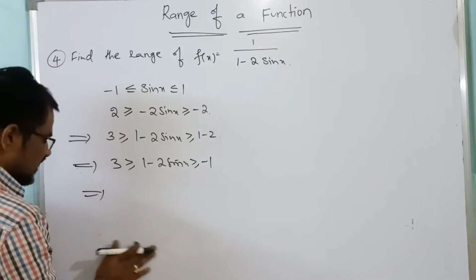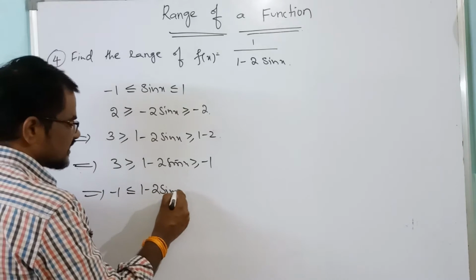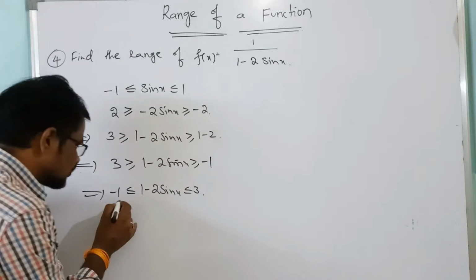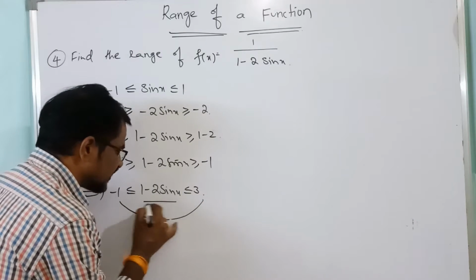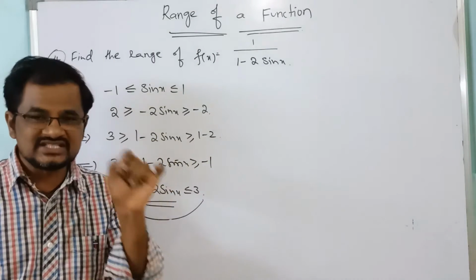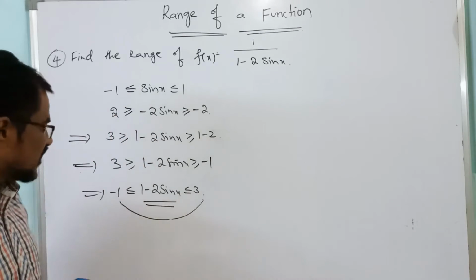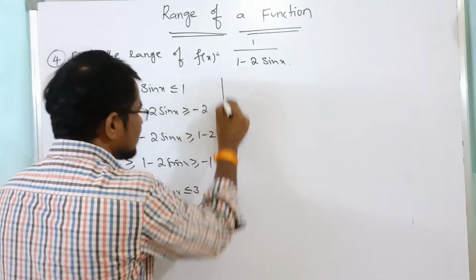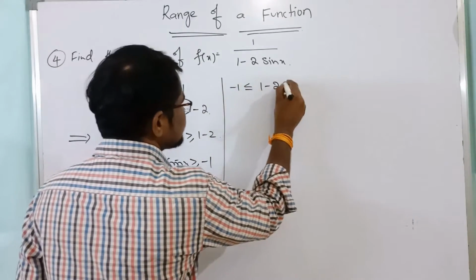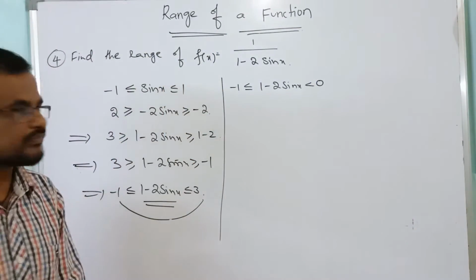That implies, if you write again, minus 1 less than or equal to 1 minus 2 sin x less than or equal to 3. Now once we observe, to take the reciprocal of this one, 0 is between these two. At 0, the reciprocal is not defined. So that's why we have to write it like this: minus 1 less than or equal to 1 minus 2 sin x less than 0, because we have to avoid that 0.